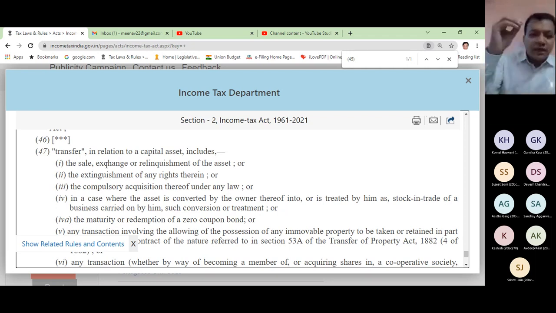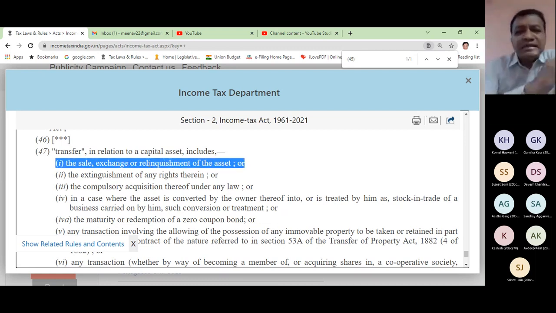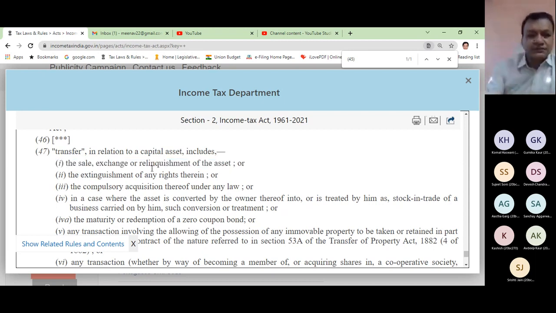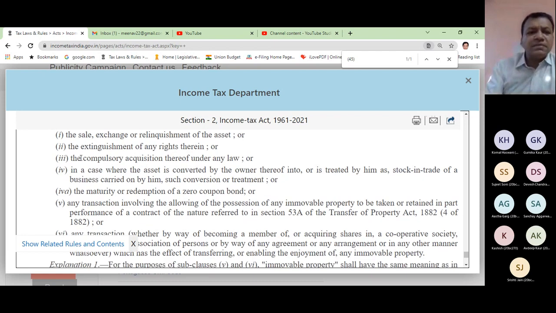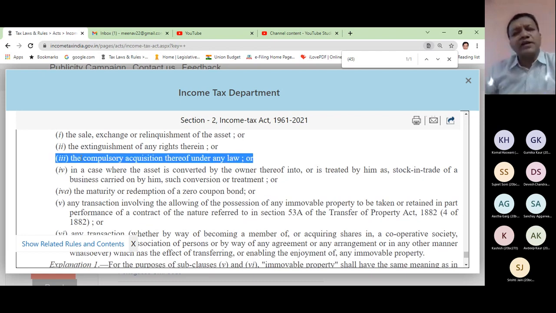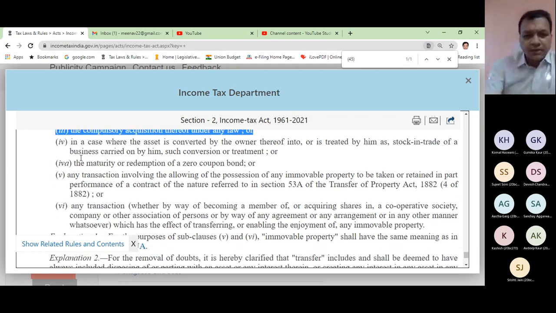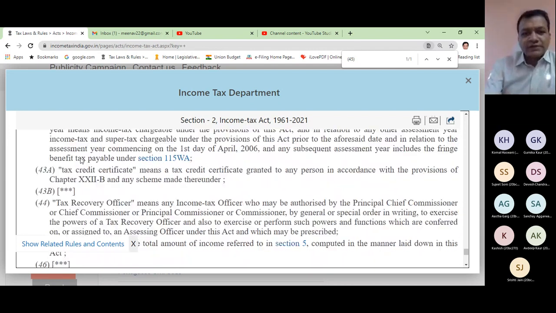No, the Act says every sale is a transfer, exchange is a transfer. If you have dismantled or discarded your asset, still that is a transfer. Compulsory acquisition: if the government has acquired your land compulsorily, forcefully, for example for the Delhi Metro, it is a transfer. That's it. I'm not discussing the detail.